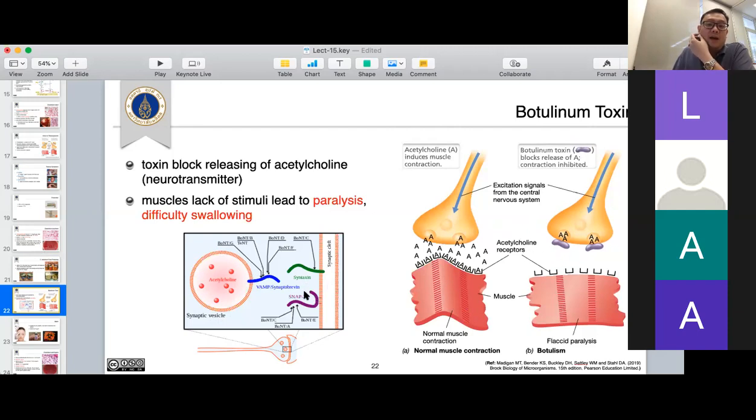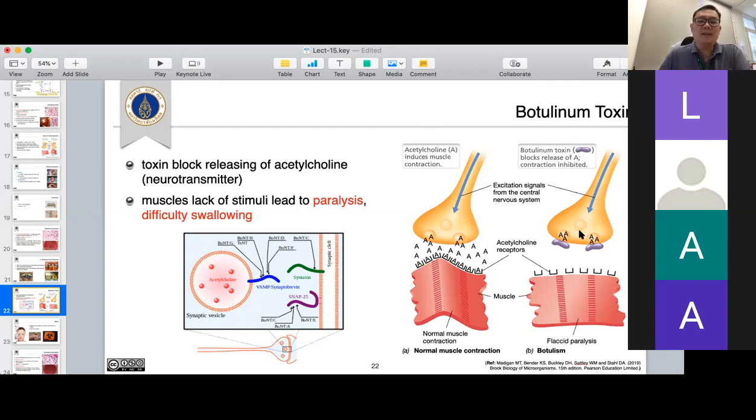They use a protein on the vesicle linked with another protein on the membrane. Botulinum destroys the protein on the membrane. That's why the vesicle protein cannot bind to the membrane protein, and then membrane fusion cannot happen. So acetylcholine never gets released out of the axon, and so the muscle never contracts.